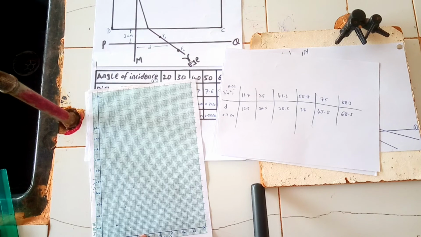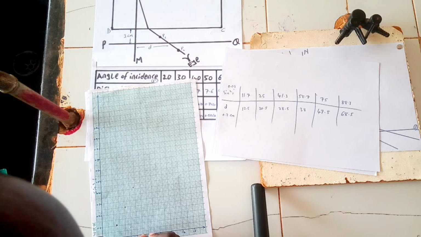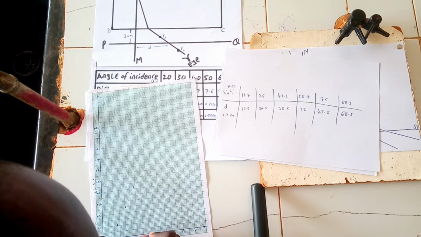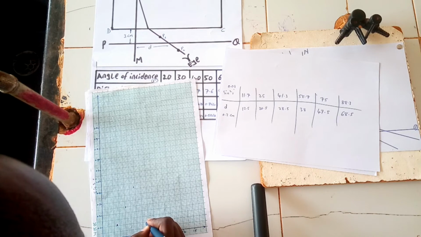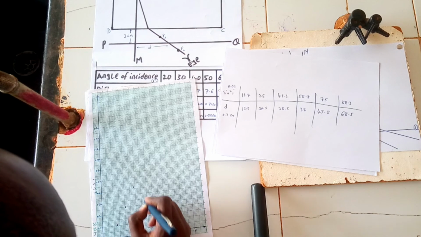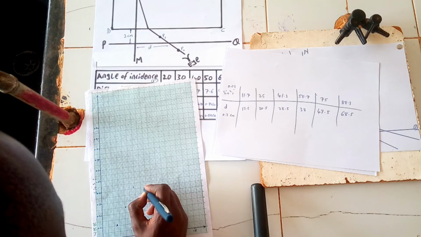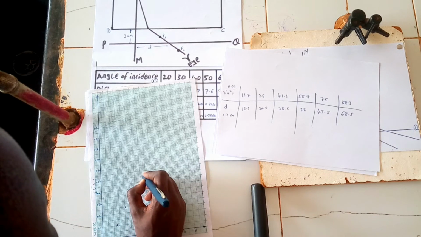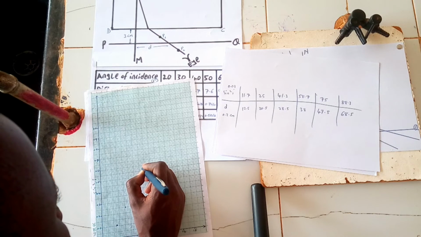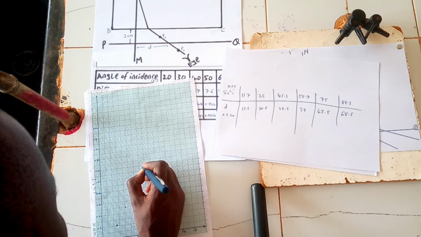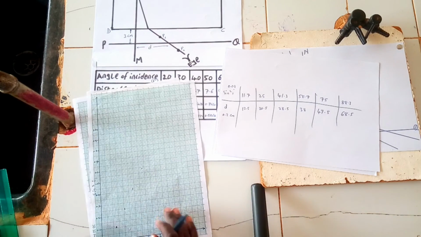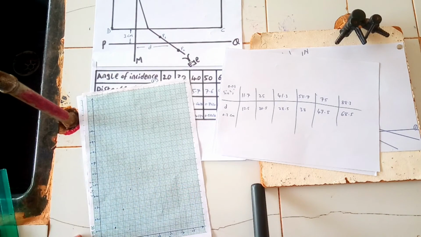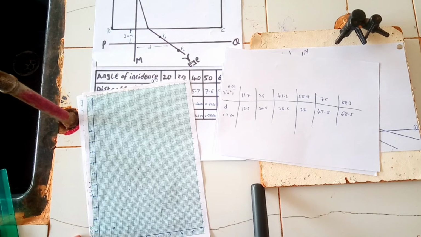We rise up 58.7. 38 is here, we rise up 58. 10, 20, 30, 40, 50, 58, that is 58.7, somewhere there, 58.7.